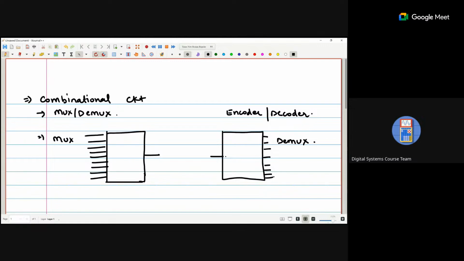So it is n cross 1 and this is 1 cross n. Now, which particular input line will go as output, and which particular data will go to which output line, that will all be decided by the select.